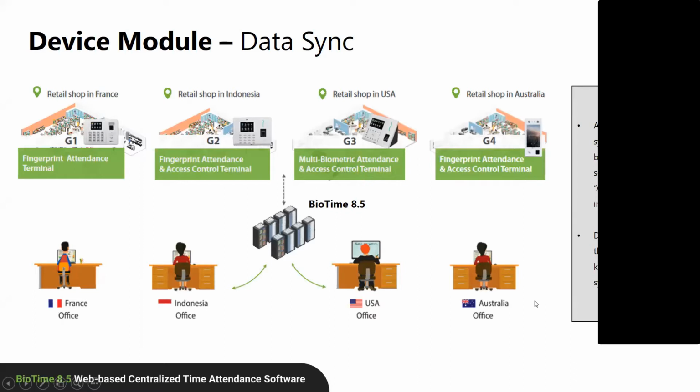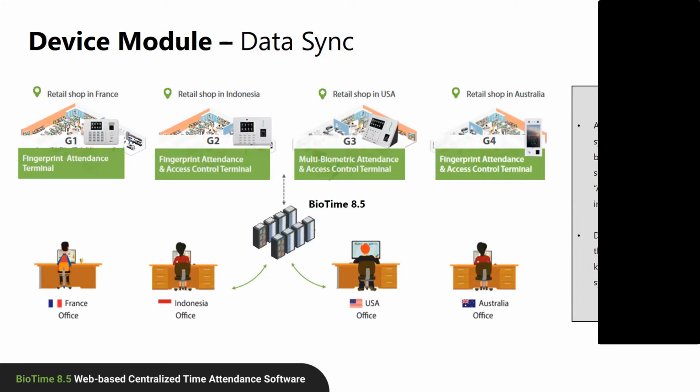So data sync: if we have to register an employee in one area, and the employees belong to different areas, all the data will be synced in real time. That means auto synchronization is happening between devices and server within the same area.